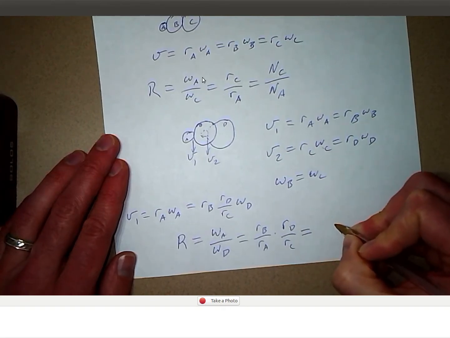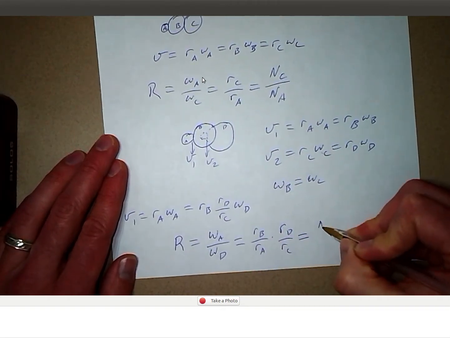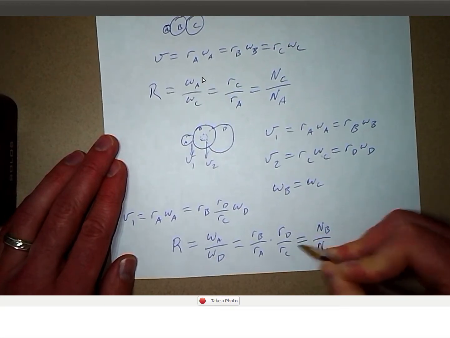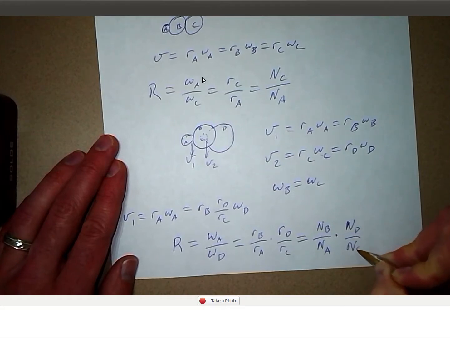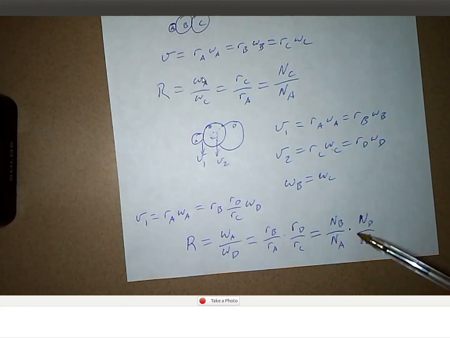And again, this ratio is equivalent to the number of teeth on B to the number of teeth on A, and this ratio is equivalent to the ratio of teeth on D to teeth on C. So for a compound gear train, these gears in the middle aren't idler gears. They do have an effect on the gear ratio.